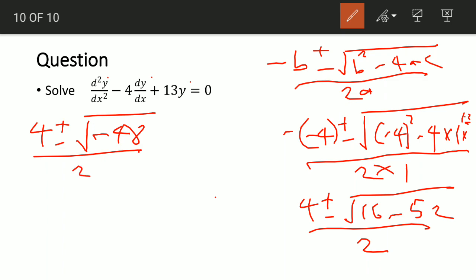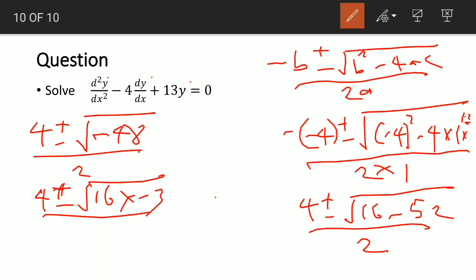Let's see. I think minus 48 can still be broken down. 48 is 12 times 4, but that's not enough. I think let's say 16 times 3 works here. So we can say 16 times minus 3 all over 2. So that gives us 4 plus or minus, square root of 16 is 4.